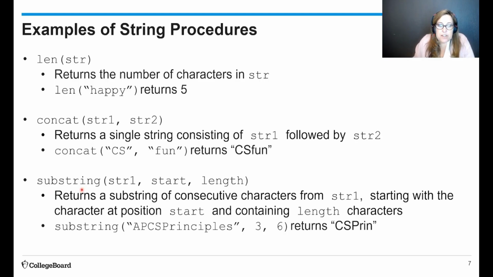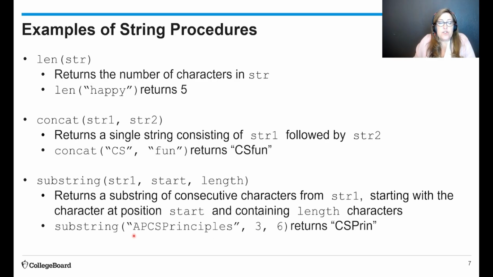Substring is a little bit trickier, but not too bad. That takes three parameters: str1, which is the string, start, which is the index where we're going to start our substring, and length, how many characters will be in our substring. So for instance, if I have substring("APCS principles", 3, 6), that's my str1, 3 is my start, and 6 is my length.